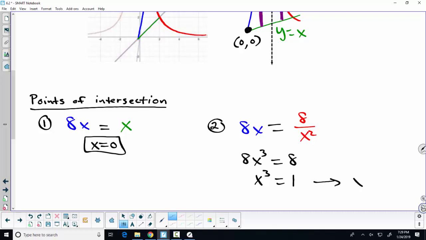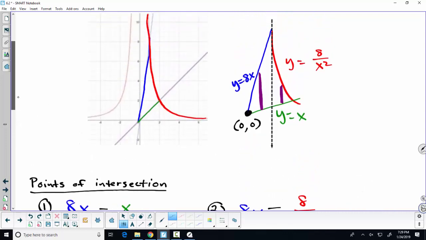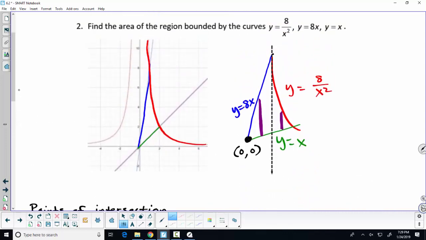So x is equal to 1. So the red and the blue intersect here, at x equals 1.